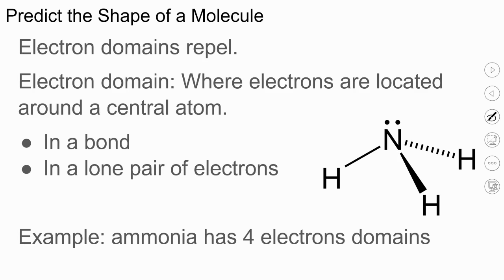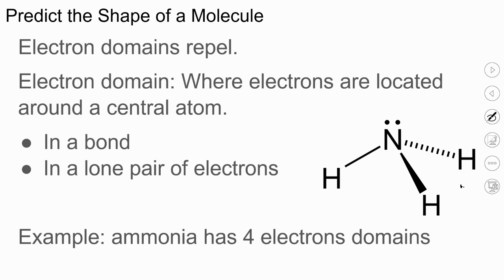First, we need to know what an electron domain is. An electron domain is where the electrons are. Electrons can live in a bond, or they can live in a lone pair. So if we're looking at this molecule, what's this one called? NH3. What's it called? Ammonia. Good.